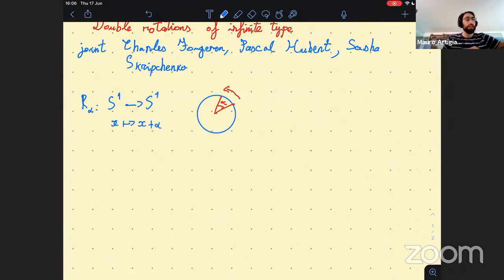We can use the fact that S1 is a quotient of R modulo Z, and recalling this, we can open up the rotation on the unit interval.